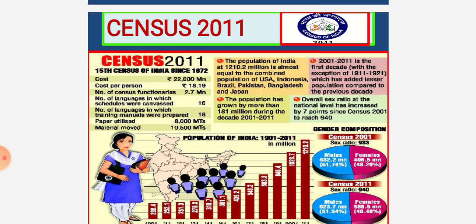Even in 2021, we will have a census and then new facts and figures will be analyzed. But now we will refer to the census 2011 to study the population profile of our country, our motherland, India.